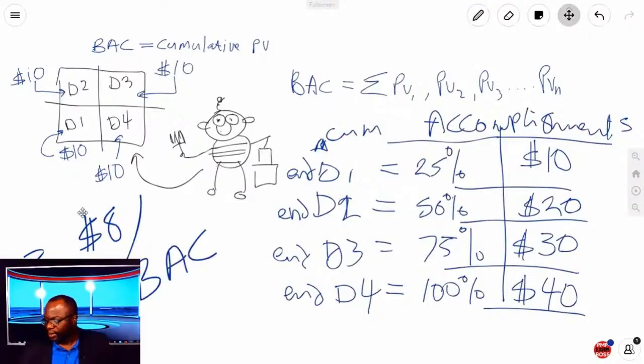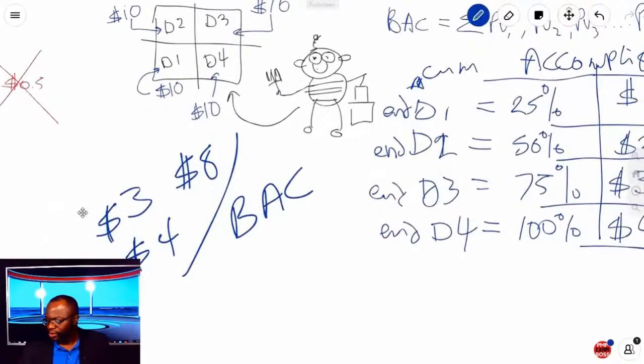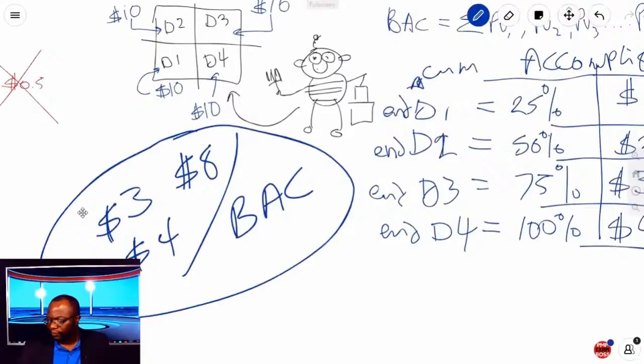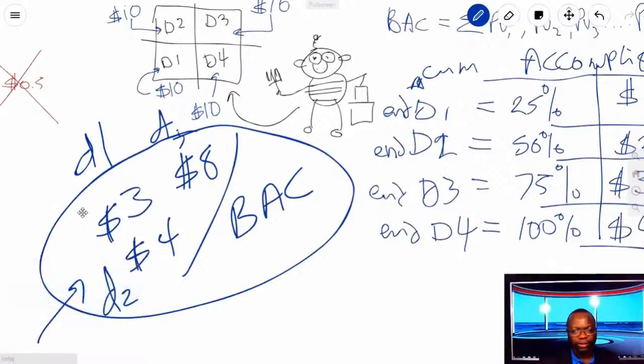You guys tell me. Let me make sure we're all paying attention. Phil is a project manager on a project. On day 1, you have that as the planned value. Day 2, you have $4. And day 3, you have $8. Let me get Phil out of the frame so that you can properly see what I'm talking about.